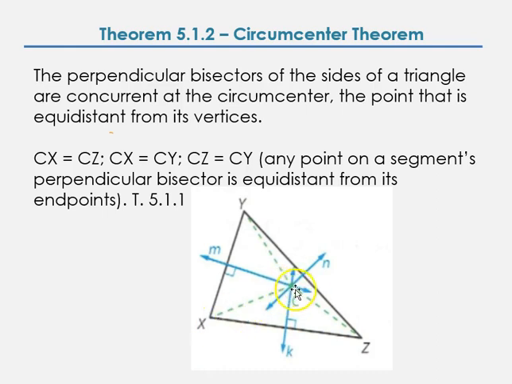So CX and CZ are the same length. CX and CY are also the same length, and CZ and CY are the same length. So any point on a segment's perpendicular bisector will be equidistant from its endpoints at the vertices. So this is something you should have in your notes.